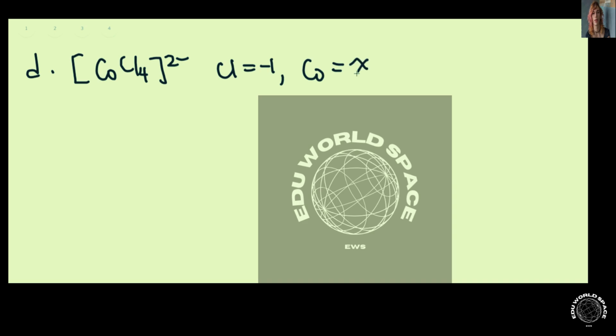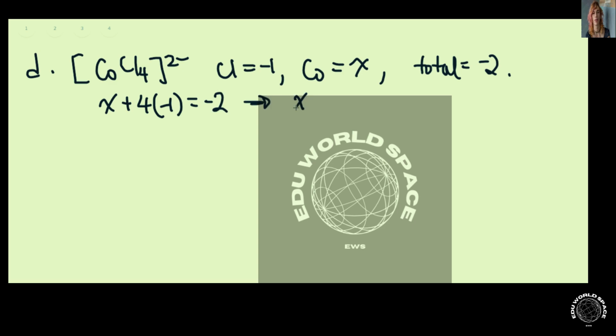The complex is cobalt Cl4 2 minus. All right, the oxidation state for chloride is -1. And if we consider the oxidation state of cobalt equal to X, the total is equal to -2. So we have X plus 4 times -1 equal to -2.